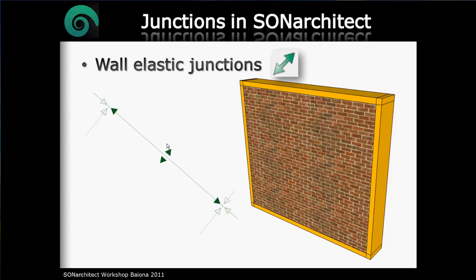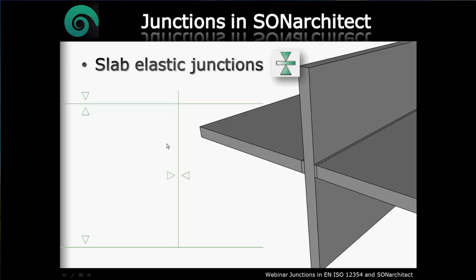And still we are missing one important elastic junction, which is the junction in the floor, I mean between the slabs, because of the dilatation joints or slits. In order to assign those elastic junctions, there is another mode different from the previous one, where the triangles, the arrows that you can see, are not on top of the lines, but just facing the lines.